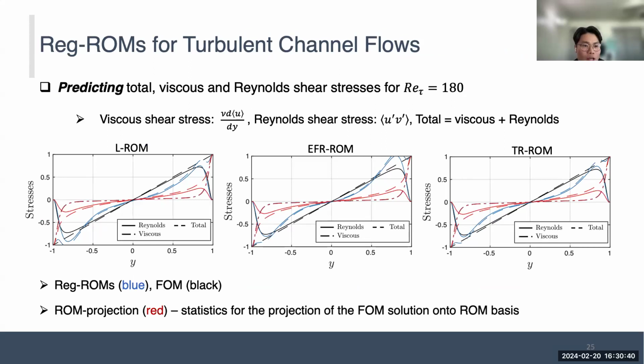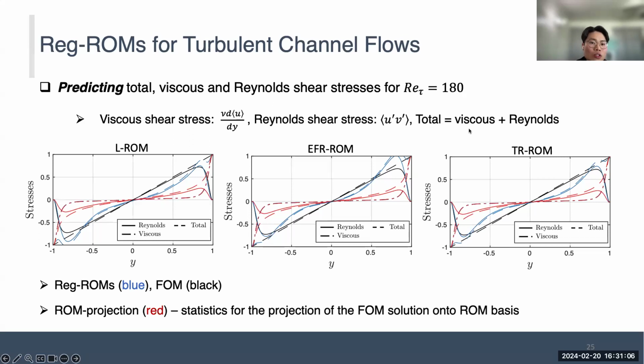So I was just showing the error behavior, and here I'm showing the Reynolds stress, but also the total and viscous stress. The viscous shear stress is just the derivative of the average velocity in the y direction times the viscosity.